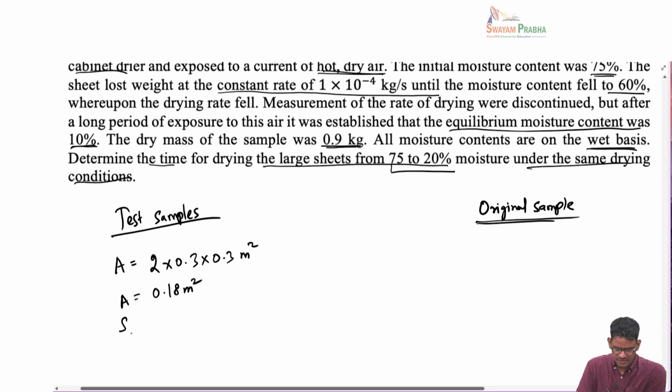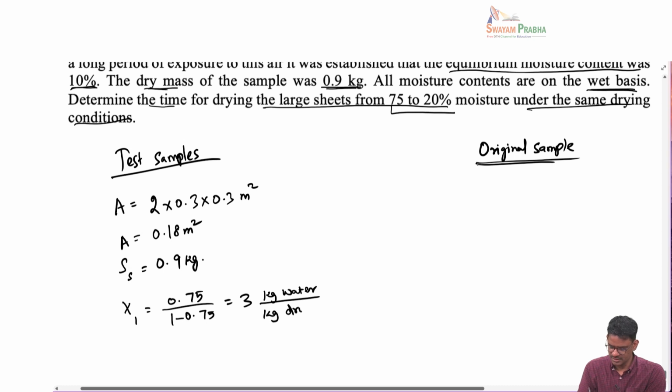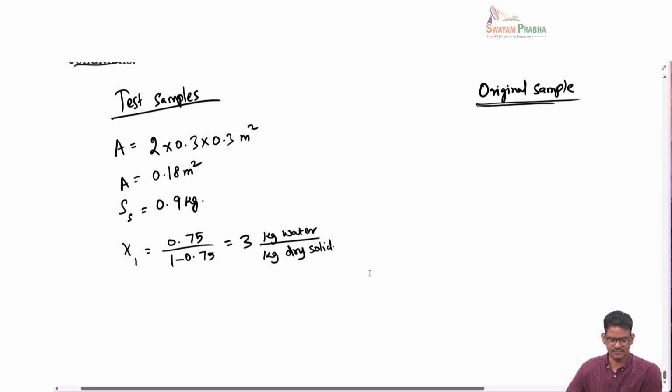Mass is also given, in terms of dry mass itself, so we can directly get this as 0.9 kg. The initial moisture content is based on the dry basis, which gives about 3 kg water per kg dry solid. This initial moisture content is 73% by wet basis, so I am writing it in terms of dry basis.